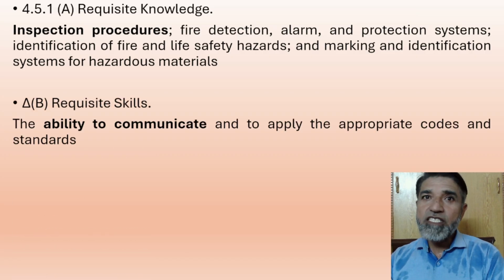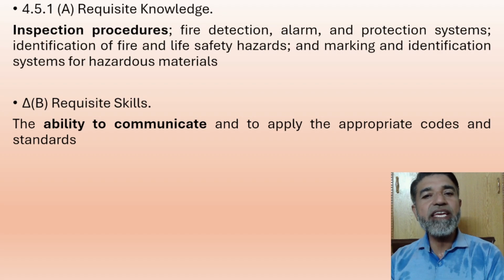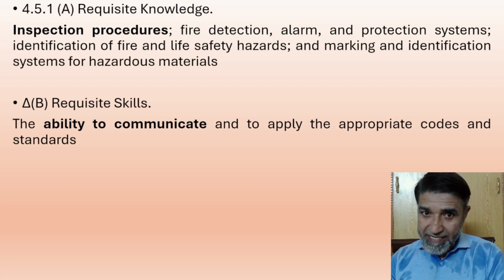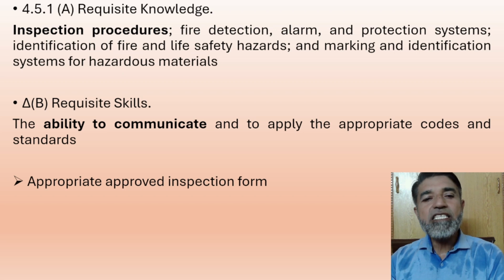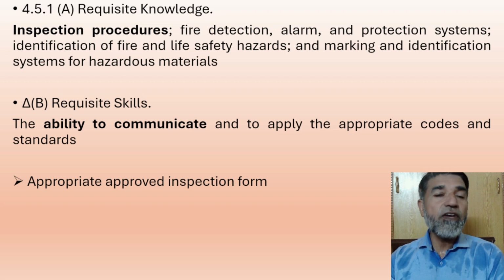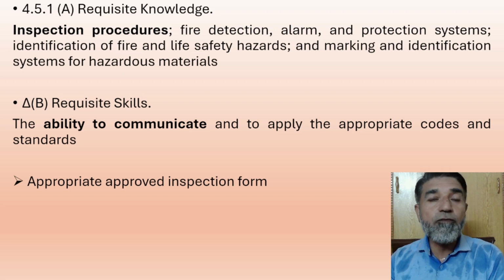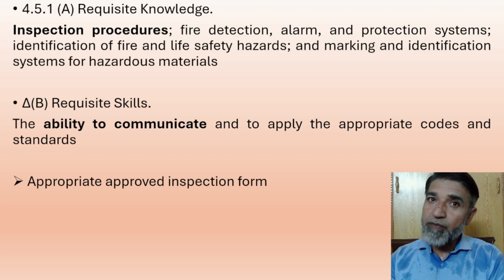The requisite skill for this is the ability to communicate and apply the appropriate codes and standards. Let me tell you which type of codes and standards he must know. Appropriate inspection forms will be used. If he is conducting the inspection of a fire detection alarm system, the form will be done accordingly.